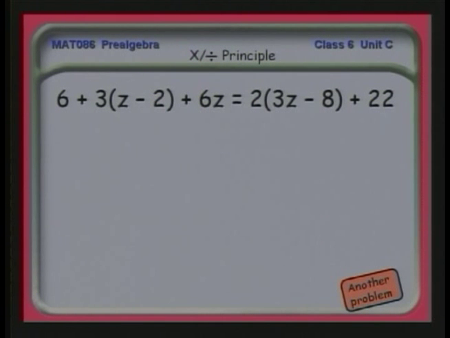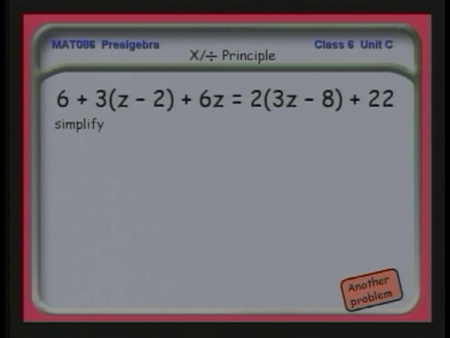What I need to do first is get rid of those things I've called the quantity, that stuff inside those brackets. And to do it, I need to use the distributive rule. 3 multiplies both the z and the minus 2 on the left. 2 multiplies the 3z and minus 8 on the right.